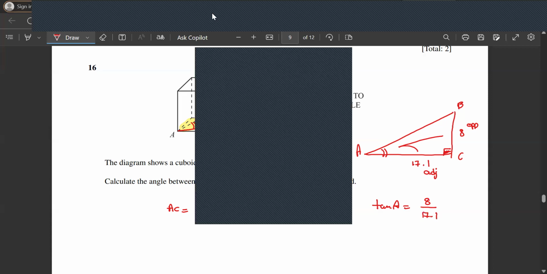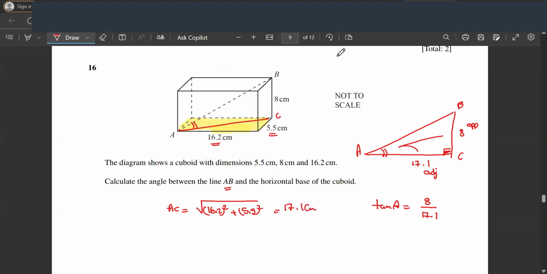Then what should I do? Yes, tan inverse 8 over 17.1, so tan inverse of 8 over 17.1 equals the angle.